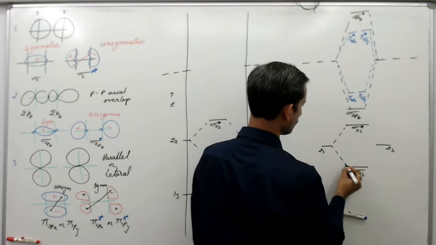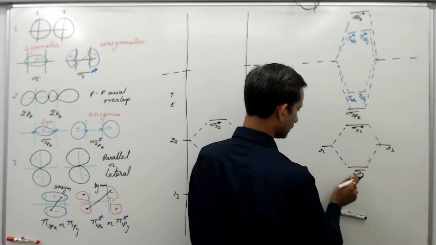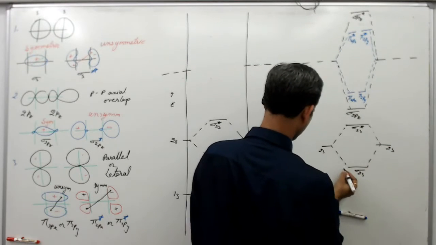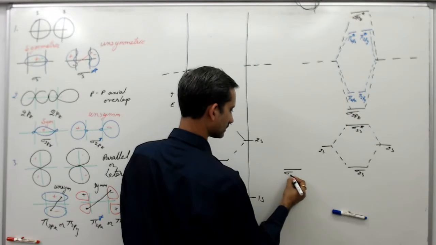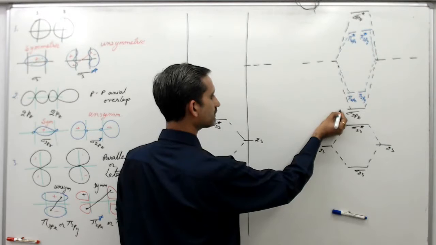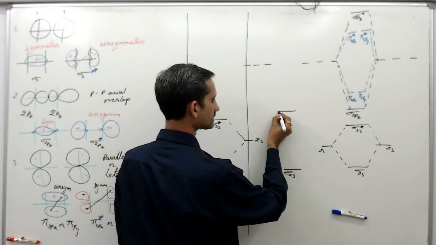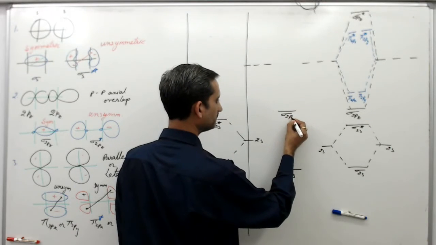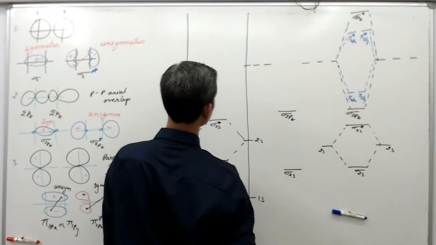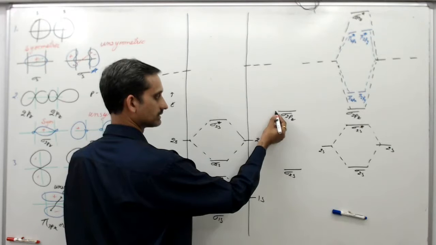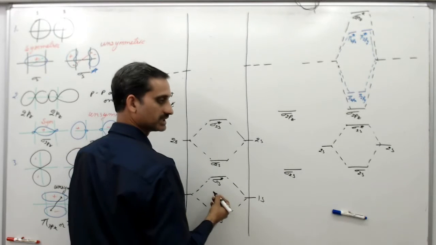These are going to overlap. Now the sigma 2s is going to overlap with sigma 2pz. Sigma 2s overlaps with sigma 2pz.